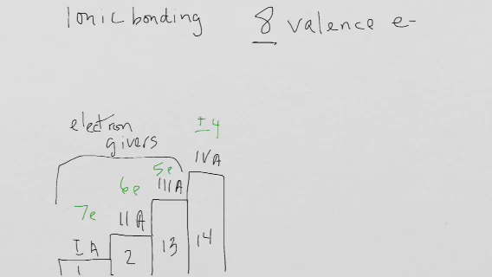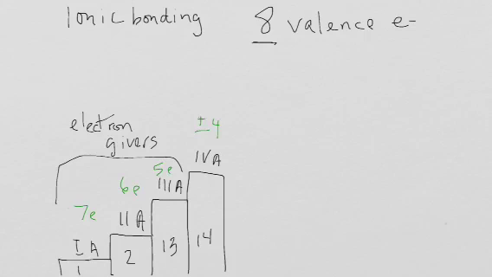We actually tend to have these elements carry out a different type of behavior. It's not a give and take with these kinds of elements, it's more of a sharing. So we're not going to talk about that type of bonding in this video. We're only going to be talking about the transfer.